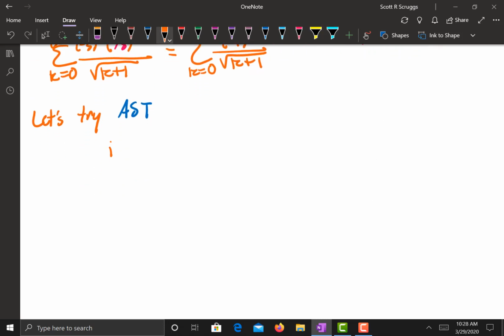So first thing, I need to figure out if I'm non-decreasing or decreasing. Easiest way for me to think of that is let's plug in the square root of x plus 1.